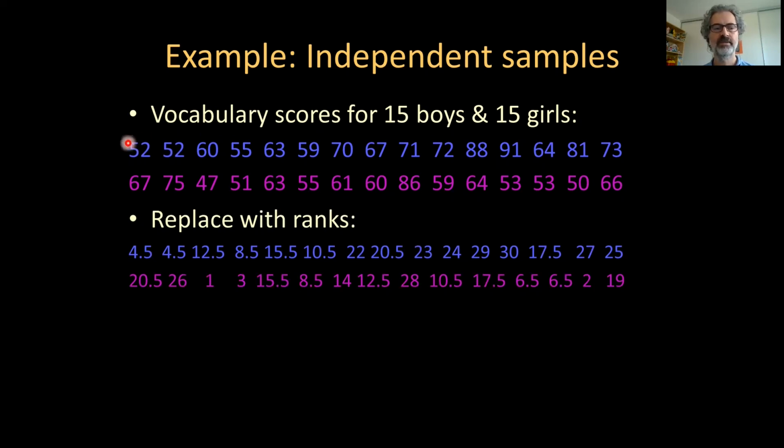It doesn't matter. There's two 52s, so 4 and 5 would go here, but since they're equal, they both become 4.5. So the average of 4 and 5.